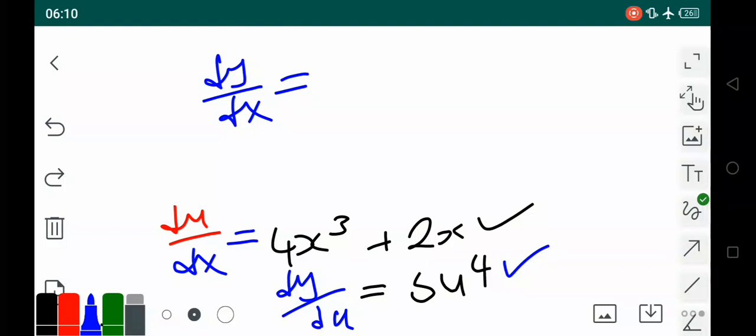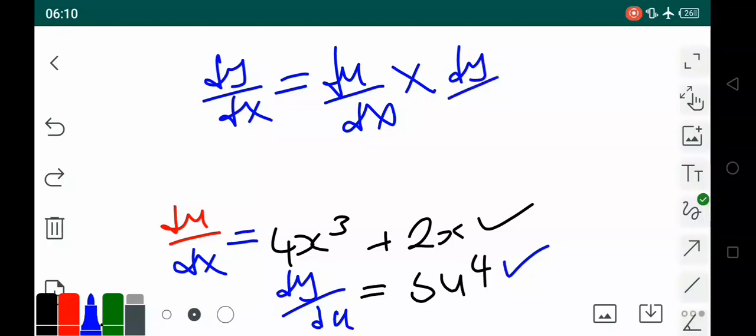So we're going to say du over dx multiplied by dy over du. So now we understand that.